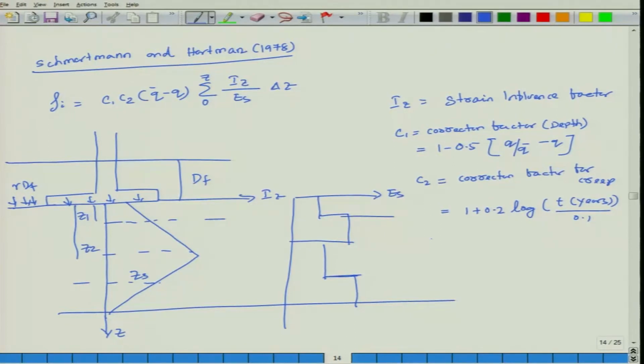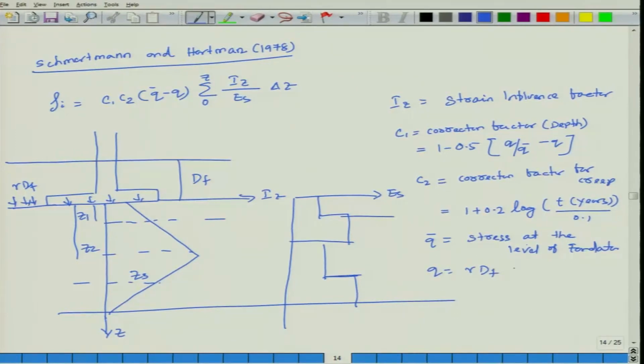So, q prime or q bar, this is your stress at the level of foundation, and q is equal to gamma Df.